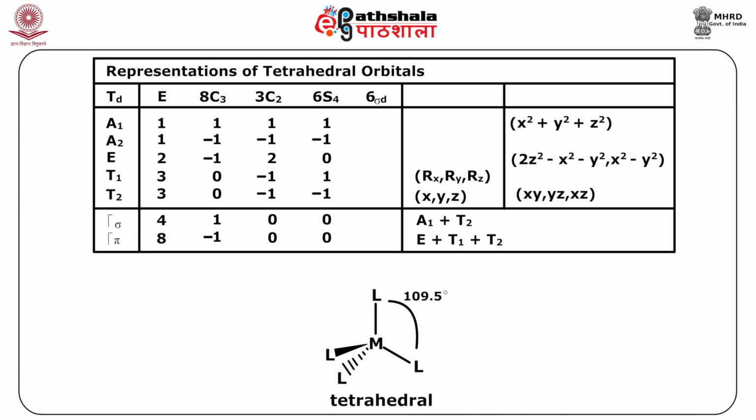In Table 1, the character table for the tetrahedral point group has been shown. From the character table for the tetrahedral point group, it can be seen that the irreducible representation for the sigma bonding corresponds to A1 and T2.